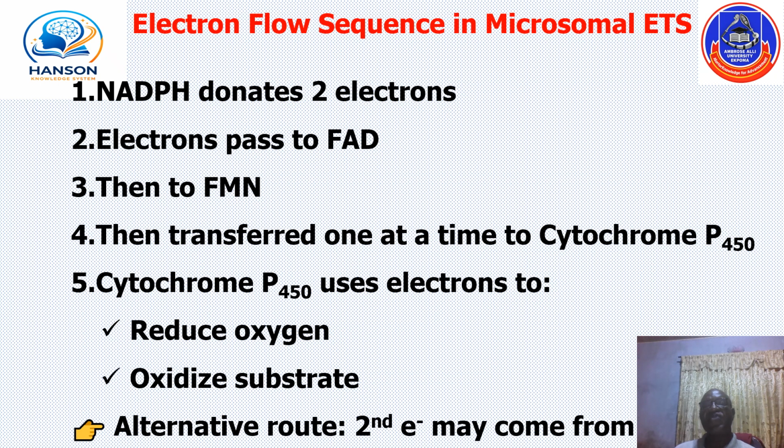Electrons pass to FAD, subsequently to FMN, then are transferred one at a time to cytochrome P450, from where they are used to reduce oxygen and oxidize substrates.